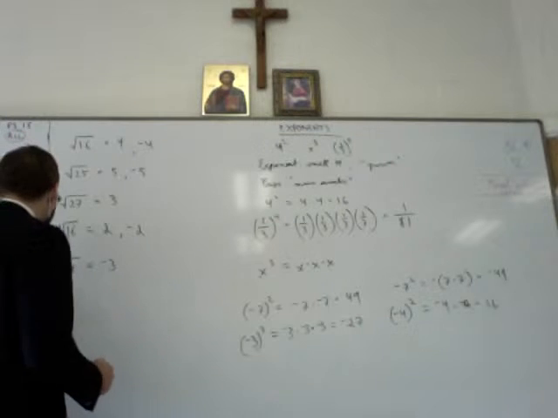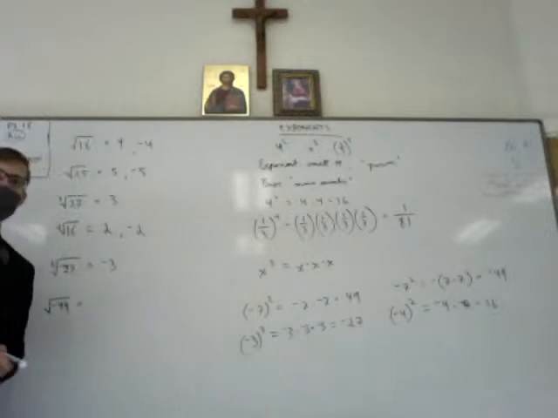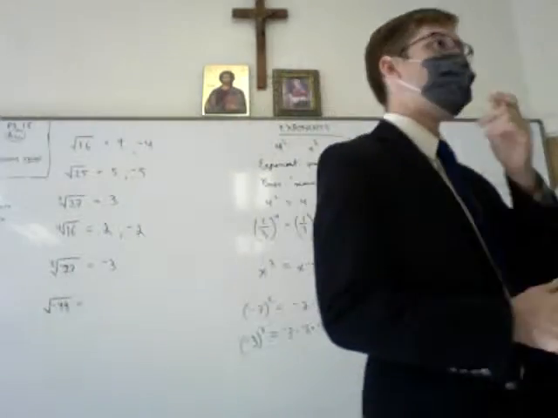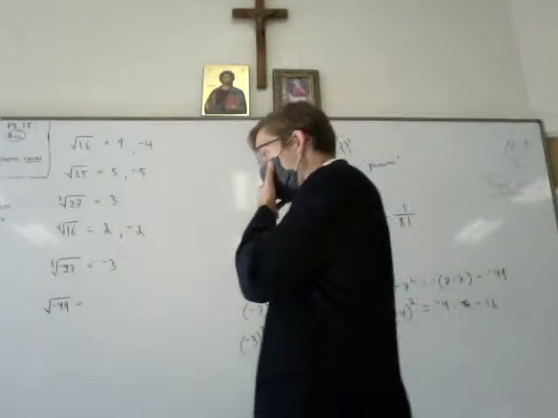So what is the square root of -49? What number can we multiply by itself to get -49?